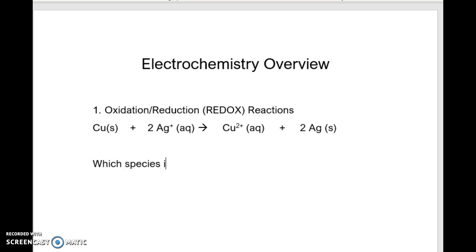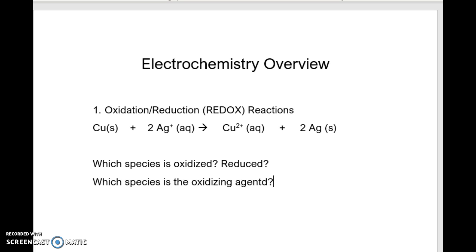Which species is oxidized or reduced? Or which species is the oxidizing agent or the reducing agent? Right? So in order to do this, you have to make sure you're good with assigning oxidation numbers. Remember there are about 7-ish rules of assigning oxidation numbers, and let's just go over them real quick.